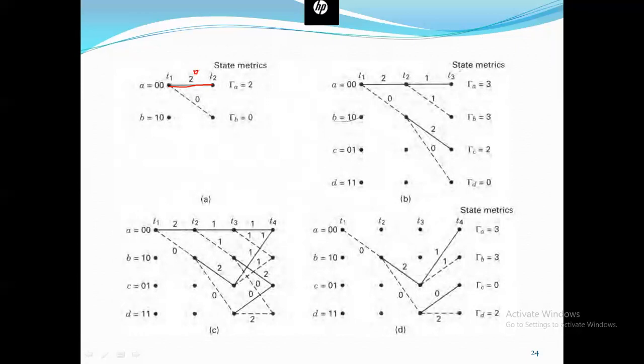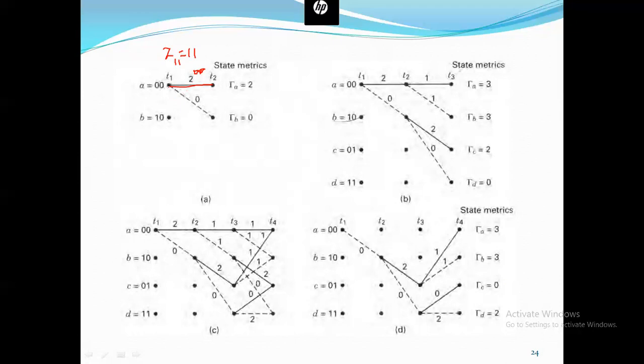If the received sequence is Z equal to 1 1, then from this 1 1 we get 0 0, and two bits differ.